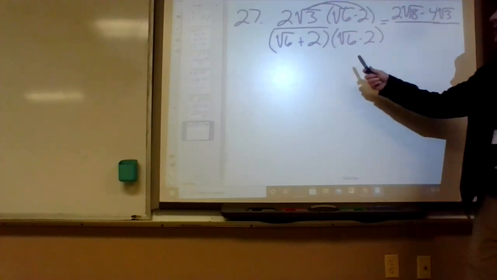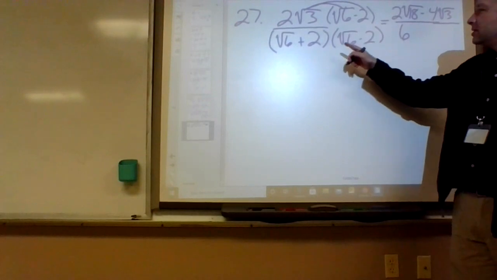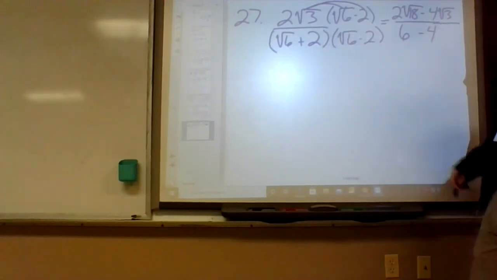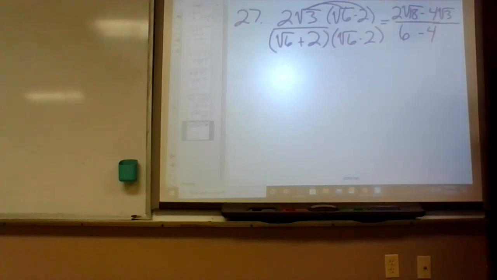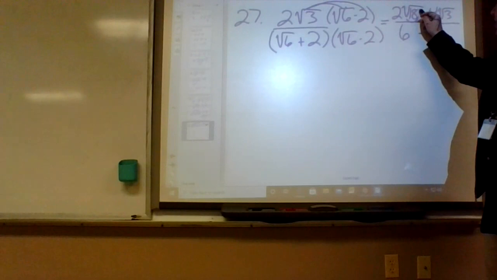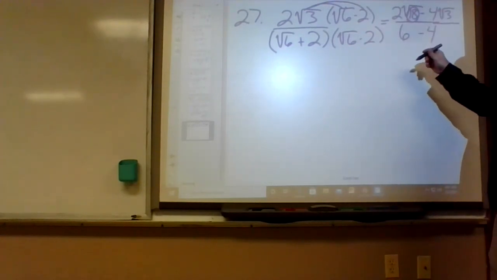And then the bottom, conjugate, so first, square root of 6 times square root of 6, 2 times minus 2, minus 4. So we got a couple things. Square root of 18 simplifies. 6 minus 4 is 2, obviously.